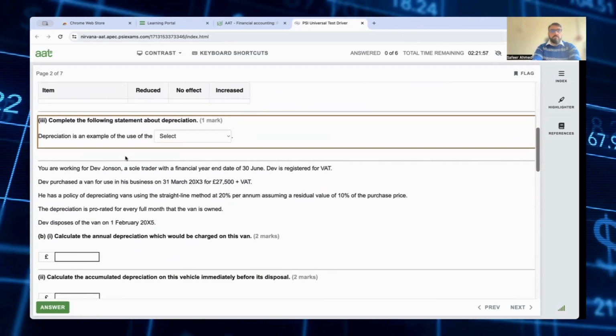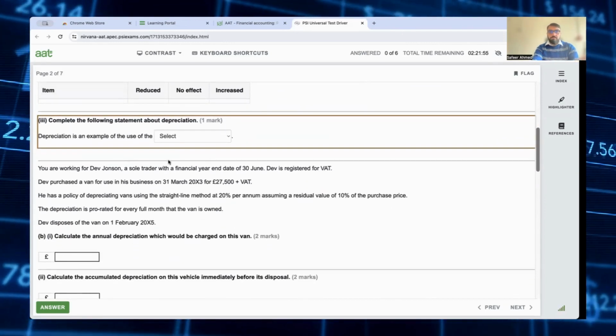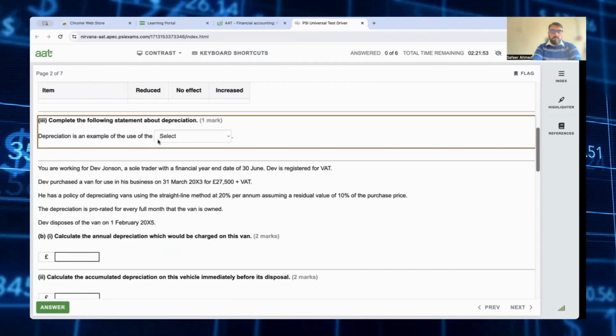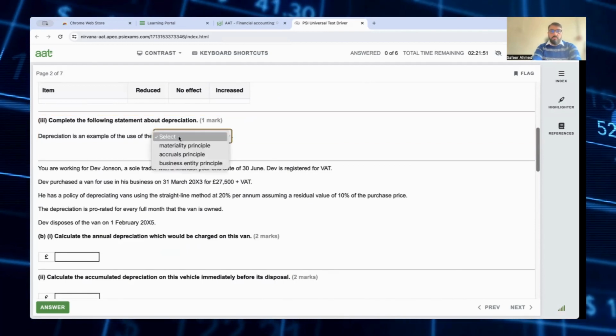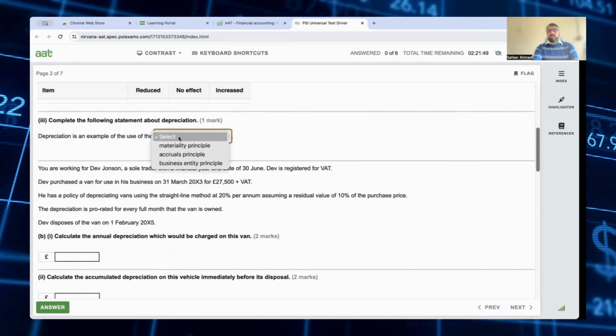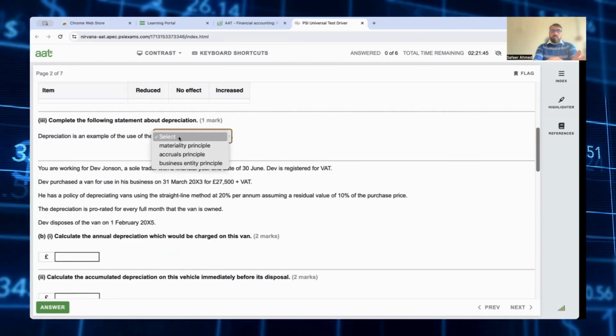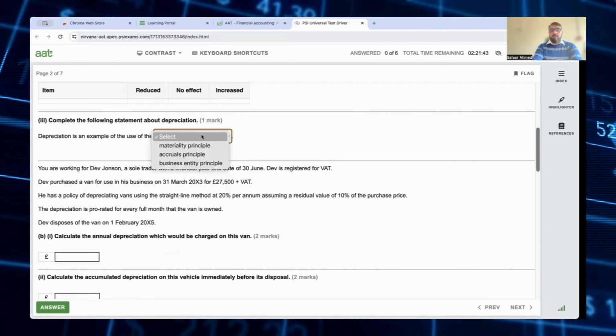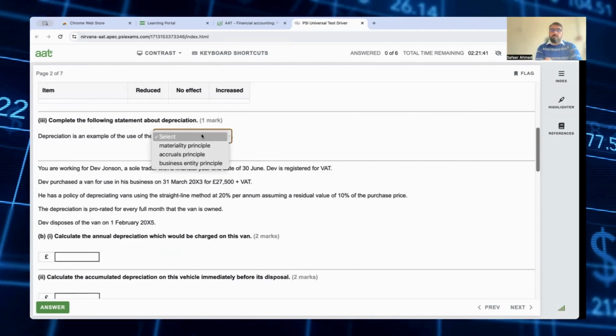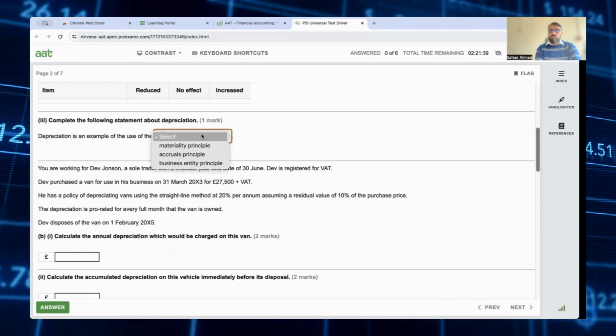Next part, complete the following statement about depreciation. Depreciation is an example of the use of... now we know that it is in accordance with the accruals concept. The drop-down menu they have given us is materiality concept, business entity principle, or accruals principle.